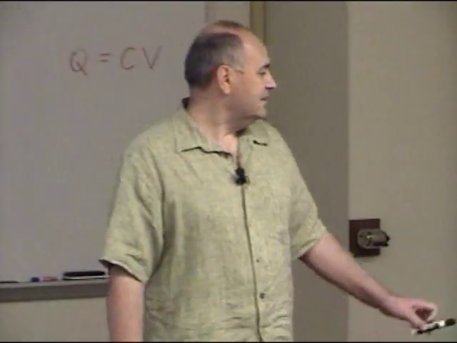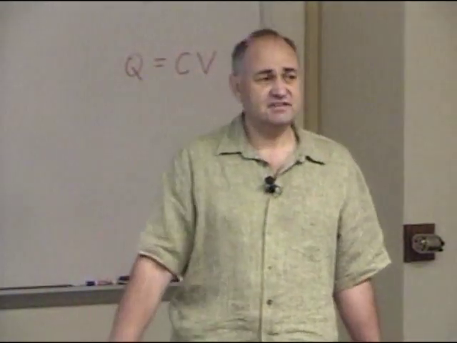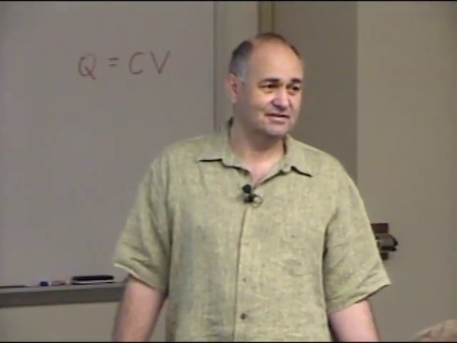Now, for a given capacitor, if you go to Radio Shack or an electronic supplies store and look at what is written on the capacitor, there are two parameters written on it. One is indeed the capacitance, which says how the capacitor is going to behave in a circuit, and the other is the maximum voltage which can be applied to this capacitor.